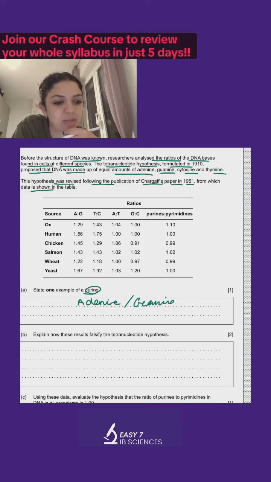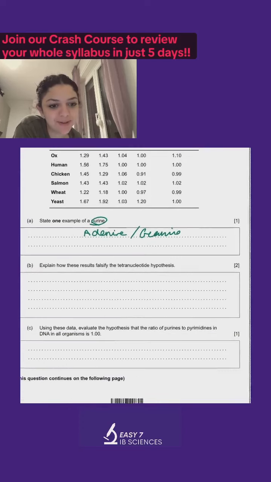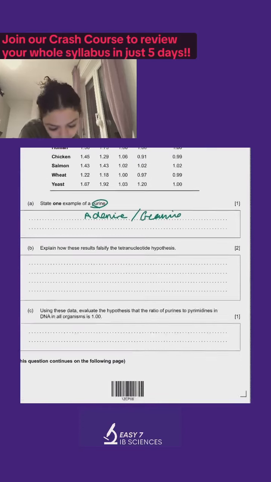Pyrimidines are cytosine and thymine, and they're smaller than purines. Pyrimidine is short. Good. Very good. Someone said purine is two rings, and then pyrimidine is one. Exactly. Very good, guys. I like your mnemonics, the ways you're remembering the little answers, which is perfect.